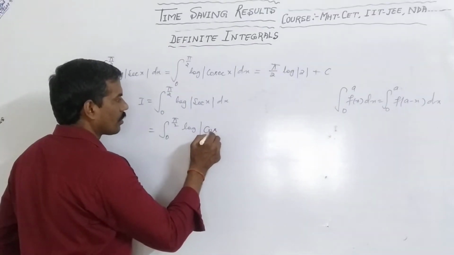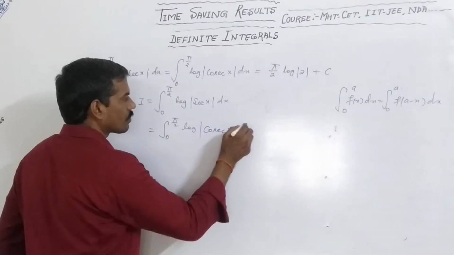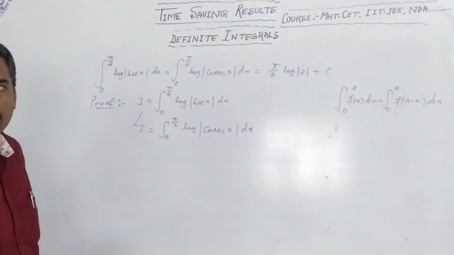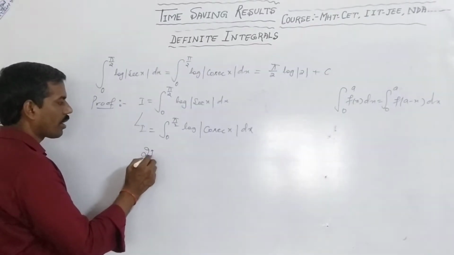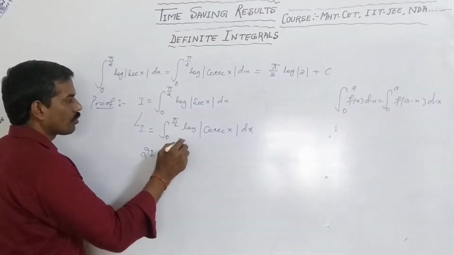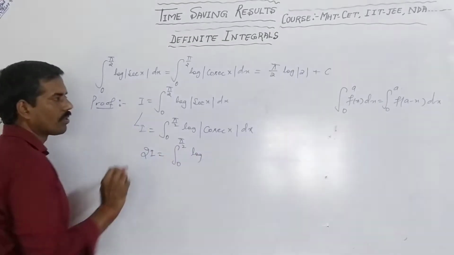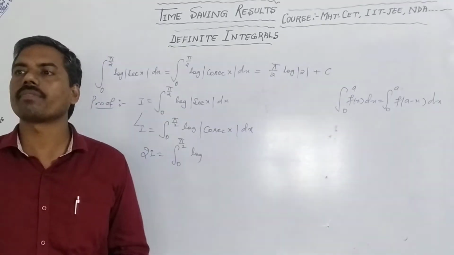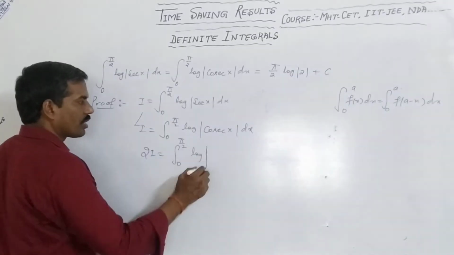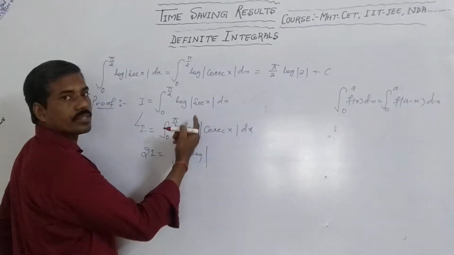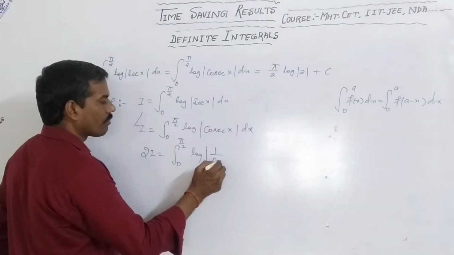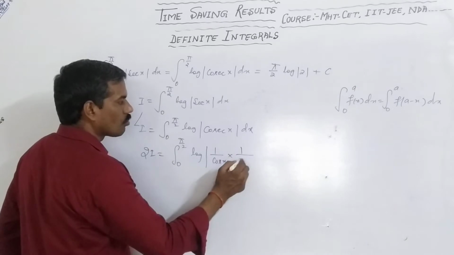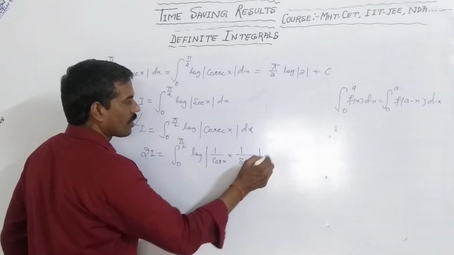Mod of cosec of x dx, and this one is also I. Adding these two integrals, we get 2I equal to integral from 0 to pi by 2 of log, and we know that log of m plus log of n is equal to log of m into n. So we get log of m, m is sec x, which is 1 upon cos x, into n, n means cosec x, which is 1 upon sin x dx.